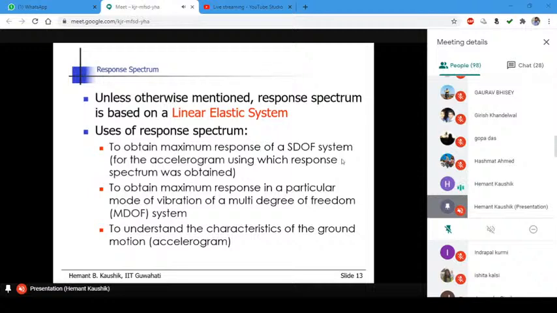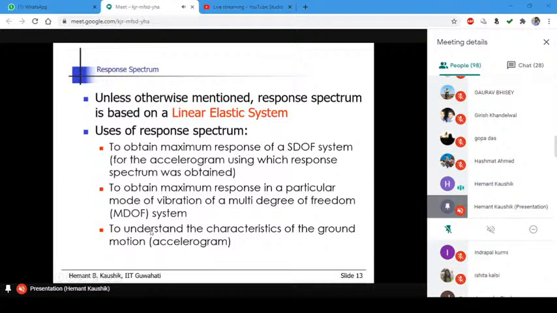We use it by converting these multi-degree of freedom systems into a combination of several single degree of freedom systems. For individual single degree of freedom systems, we can obtain the maximum response in that particular mode of vibration. And then somehow we club, we add these modes of vibration of the multi-degree of freedom system to get the response.